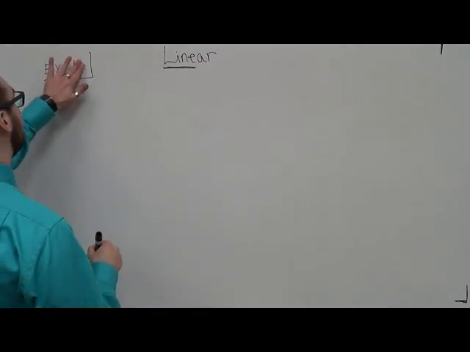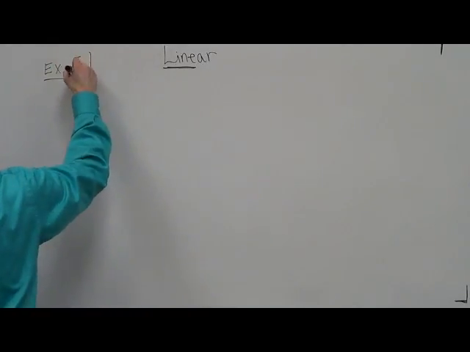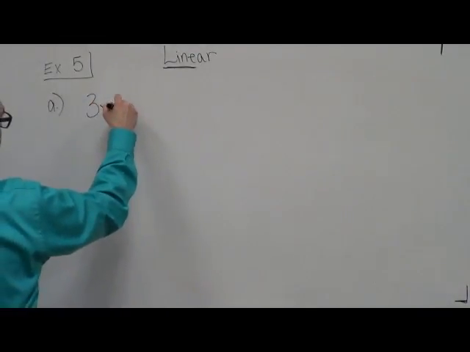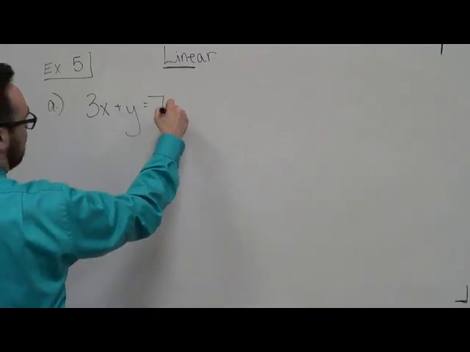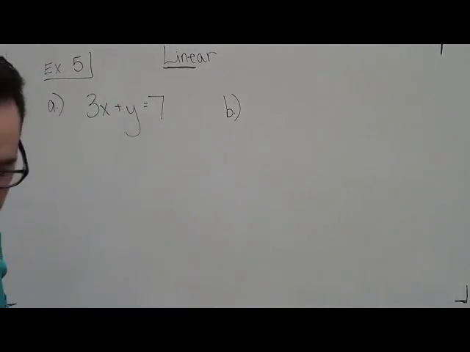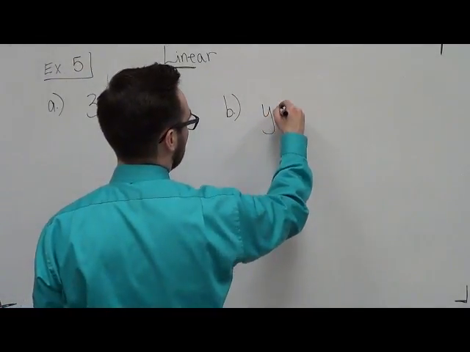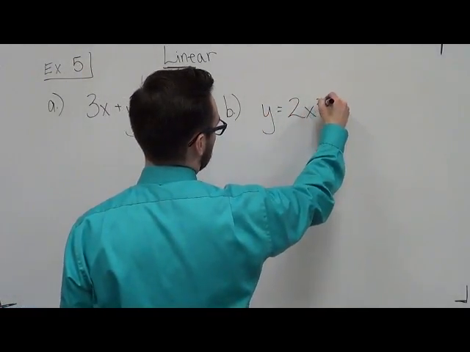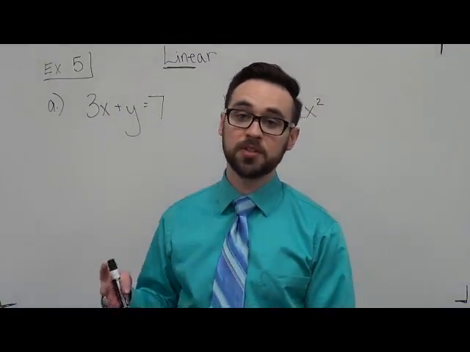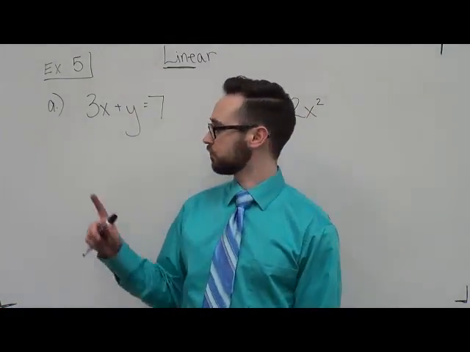So we're on example 5 now. And let's say they gave us equations to look at. So if I have 3x plus y equals 7, or let's say they gave us y equals 2x squared. Now, we have identified, and we've already been working with some linear functions, right?